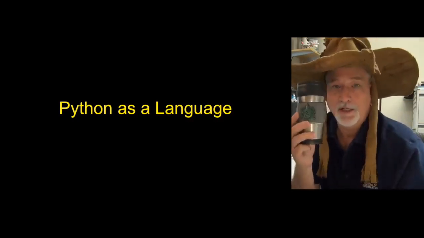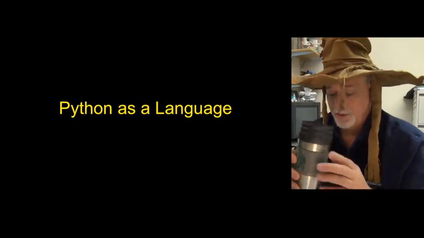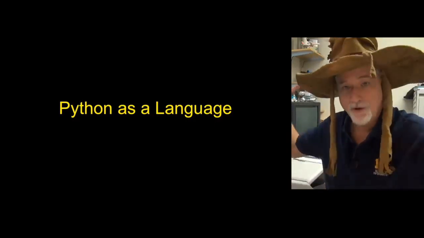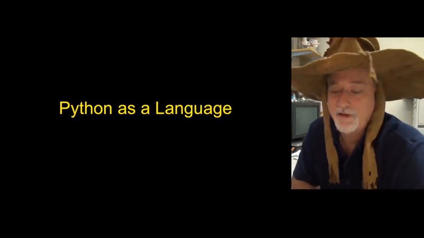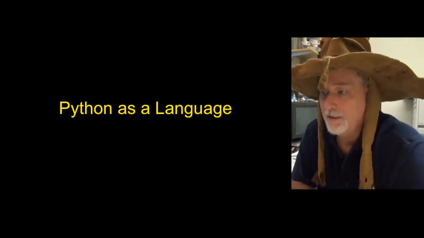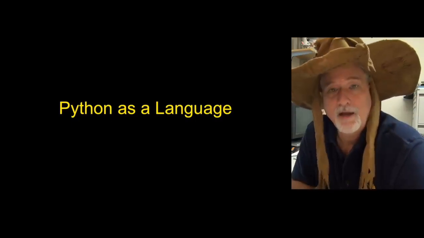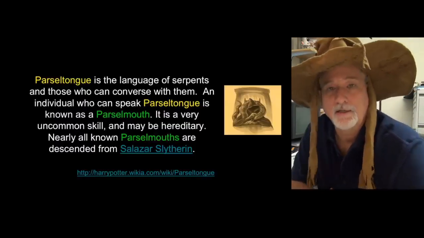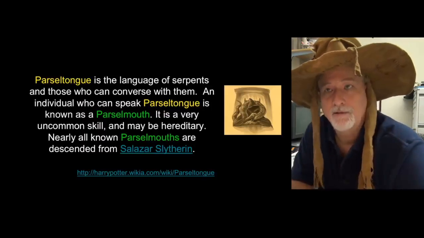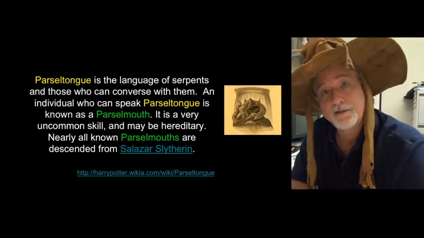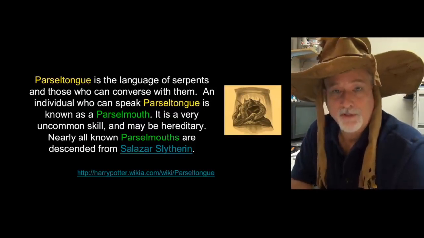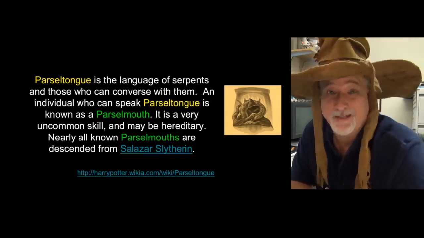So you'll see me drinking tea throughout the course out of this teacup. It's my Slytherin teacup. I picked that up from Harry Potter World. I went down to Florida and visited Harry Potter World. The reason that I was sorted by my students into Slytherin is also because I teach Python, and Python is like a snake. The people from Slytherin are capable of talking to snakes.